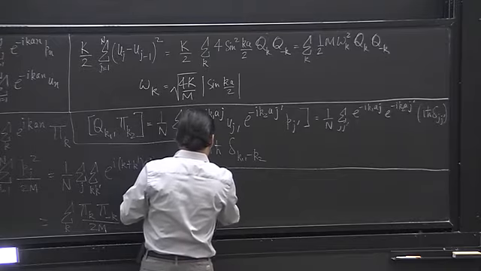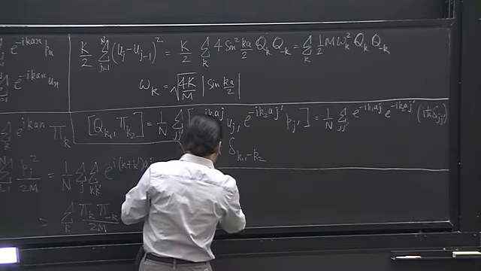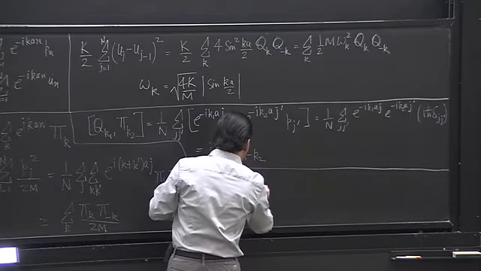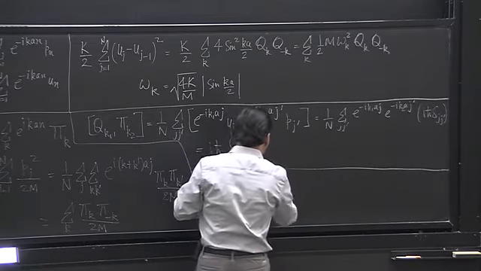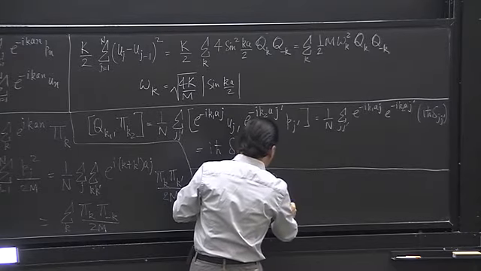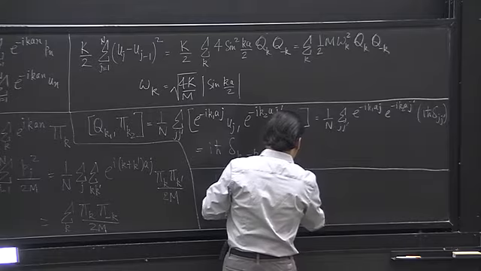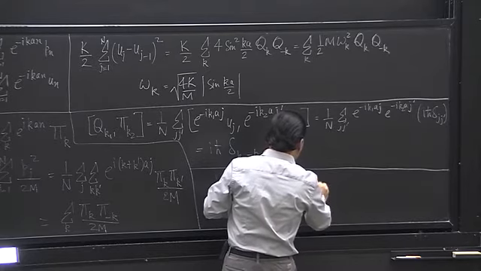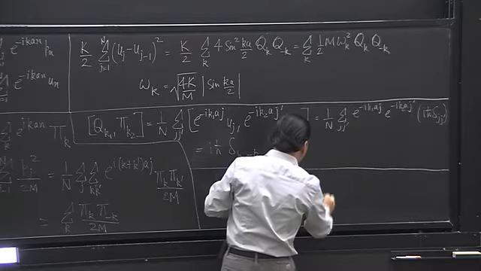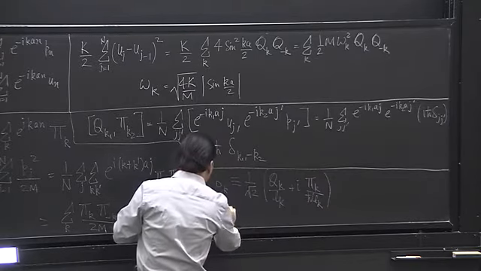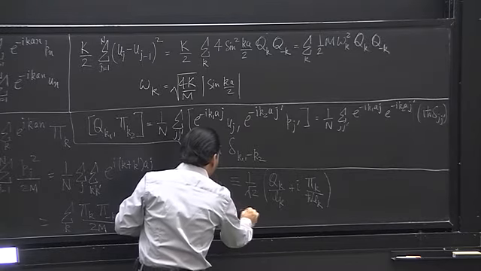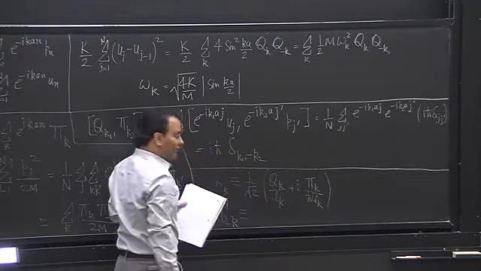So the way I will do this is I will define the annihilation operator as 1 over square root of 2 times q_k divided by some length l_k plus i pi_k divided by h bar over some length l_k, and I will define b of minus k dagger as the complex conjugate of this.